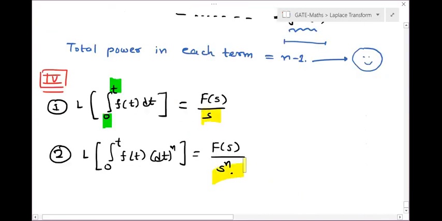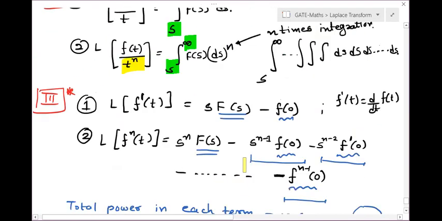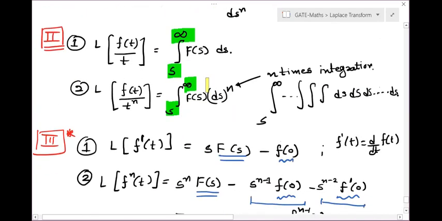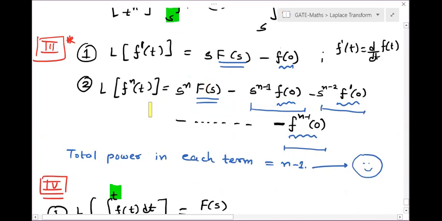Is it clear? So all these properties are easy. Just for differential, it should be minus 1 to the power n, and when your differential is inside, then outside you should have it like this. This is just extra. That's why this property is more important than any other property.